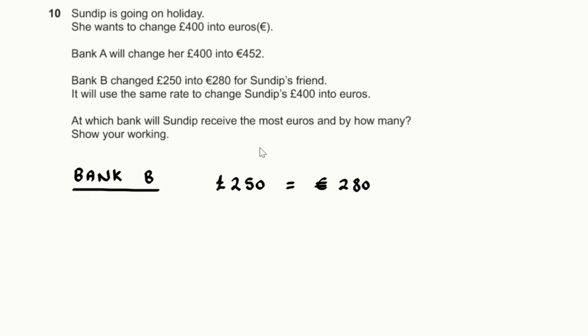Now, let's see what the equivalent £400 is. Now, for us to find out what £400 is, what we can do is find out what £50 is worth, and then we can find out what £400 is worth. So, from the 250 to the 50 we divide by 5, so I also need to divide this by 5.